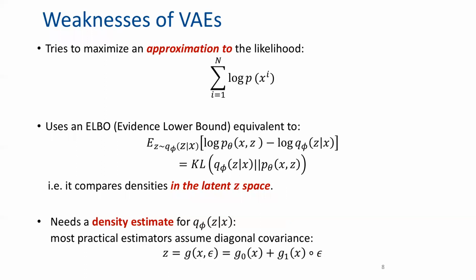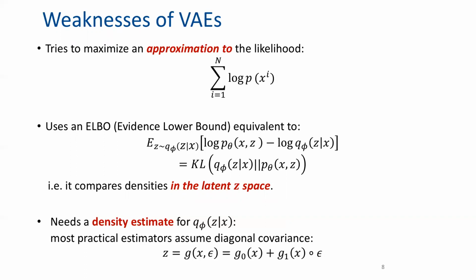There are some terms in that expression that are not computable. So we use this evidence lower bound, which you can write as a KL divergence. And it's comparing really the code distribution of Z between the kind of backward going function or the encoder function Q and the forward going function P.